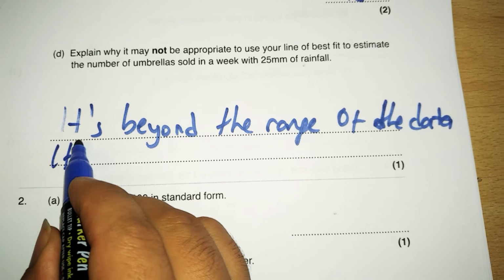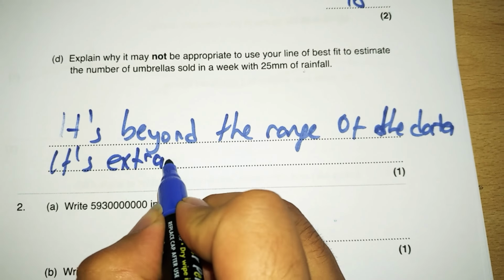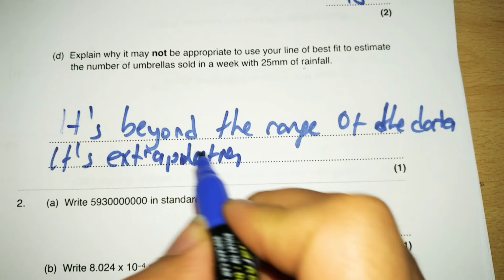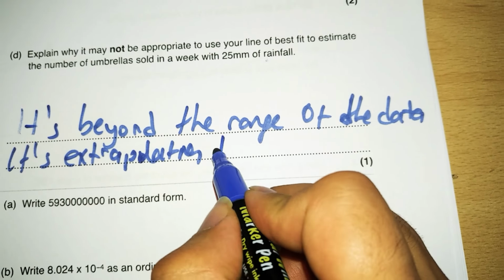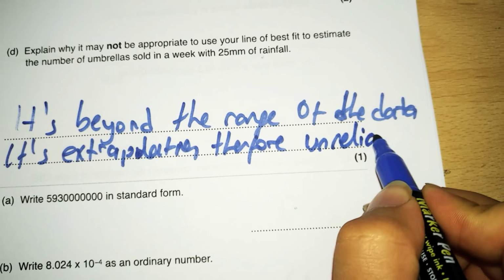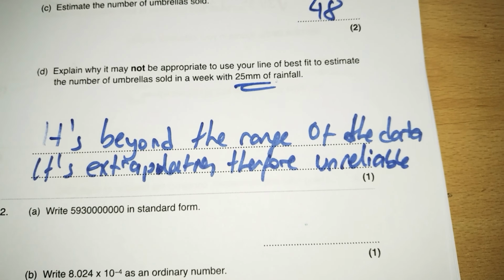Or another way you can say, it is extrapolation and therefore you can say non-reliable or unreliable. Therefore unreliable for the 25 millimeters of rainfall.